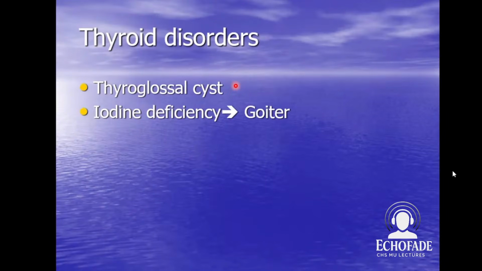Then at the apical part of the cell, we have iodination of the tyrosine moieties. But before that, we have the iodide uptake, the iodide uptake by the cell.